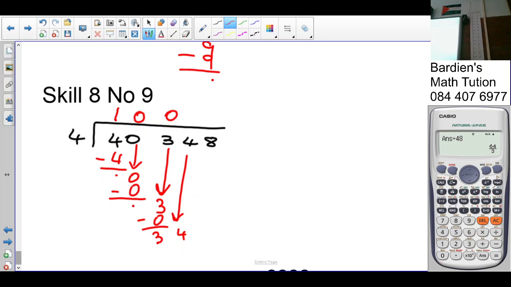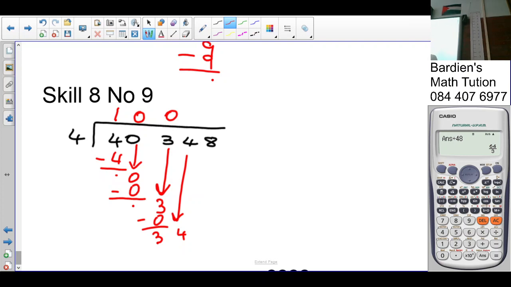Count it for us. Go for it. 4, 8, 12, 16, 20, 24, 28, 32. 36 is over, so it's 32.